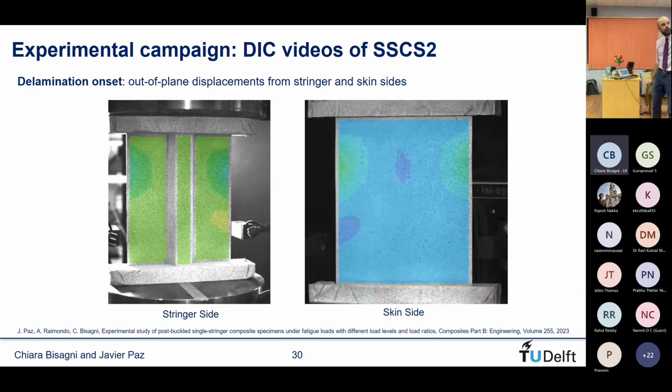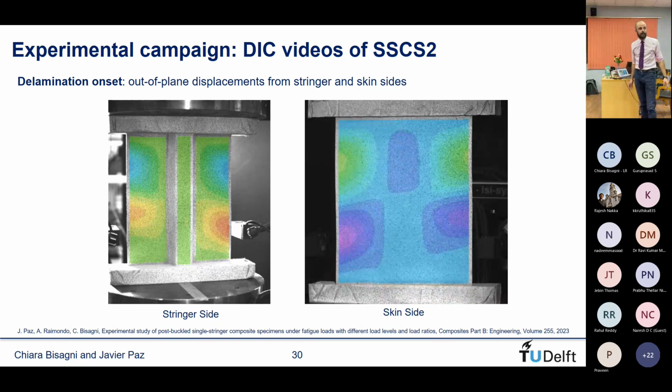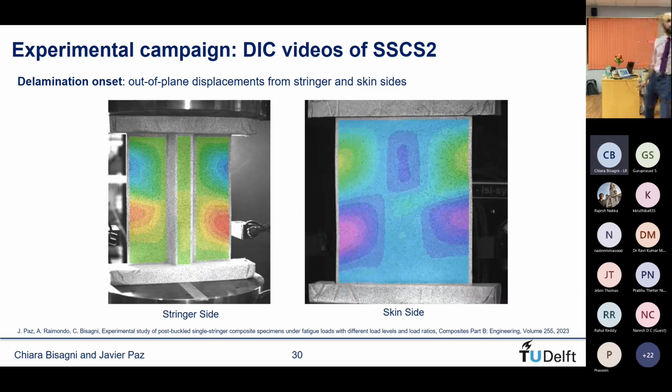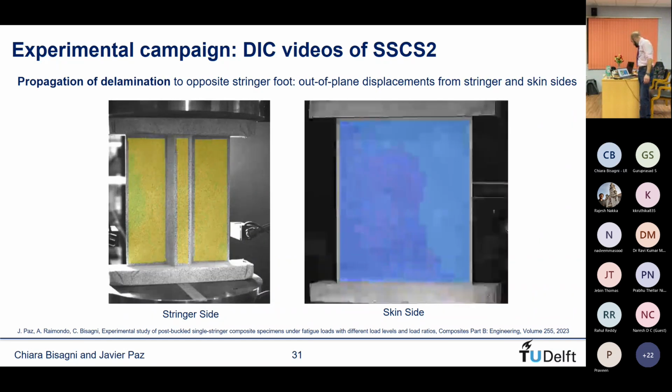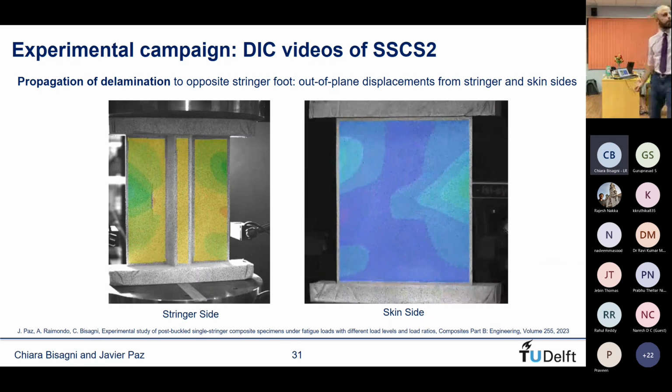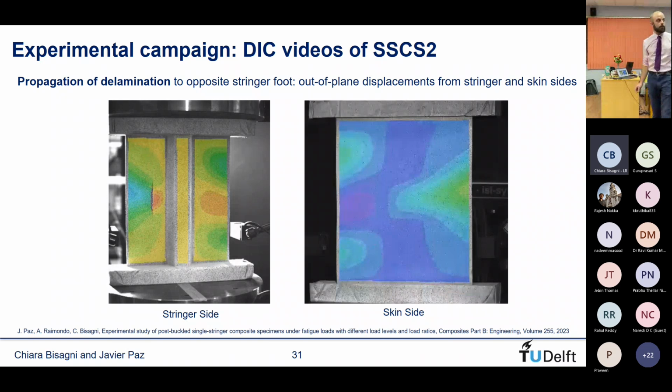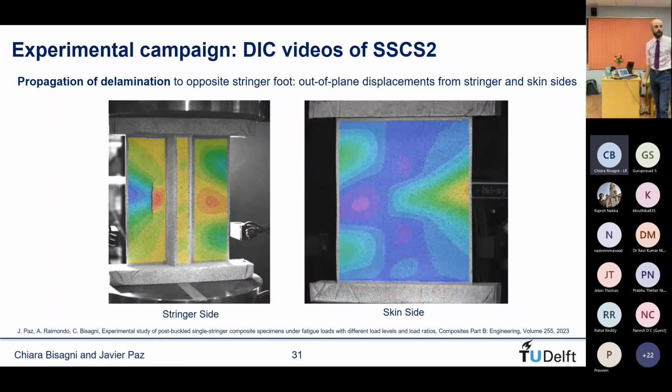Again, the skin side makes it easier to see how the buckling shape changes. It begins to propagate, and suddenly we get this one big halfway. Now we're looking at the propagation of the delamination, and pay attention to this side. Again, it's the straight halfway, and then at some point it develops a more rounded shape.